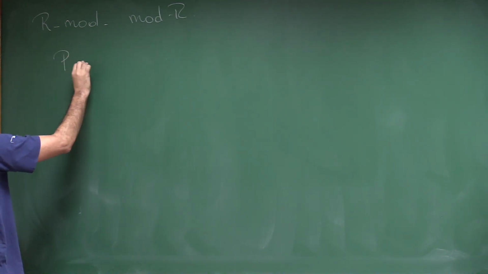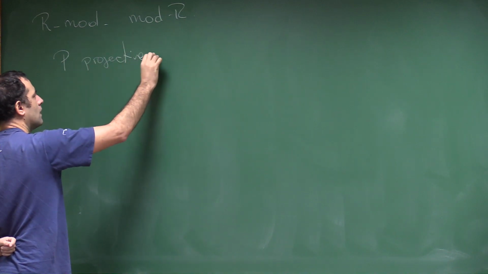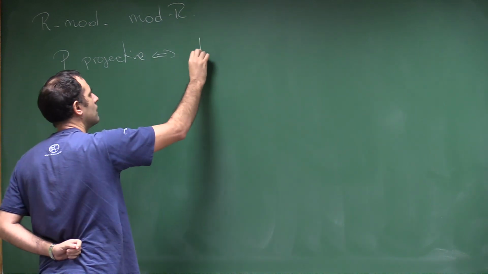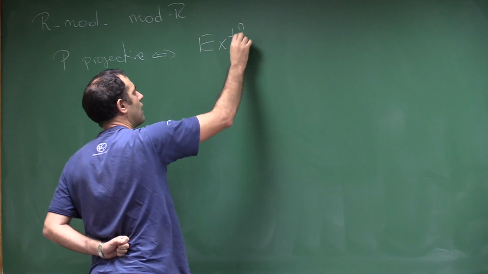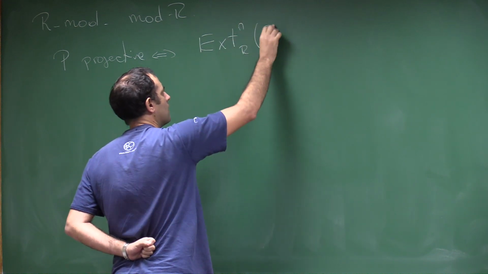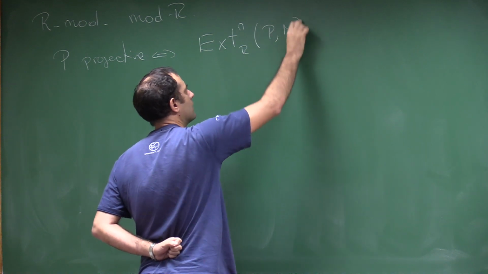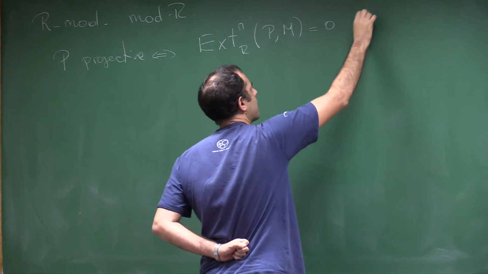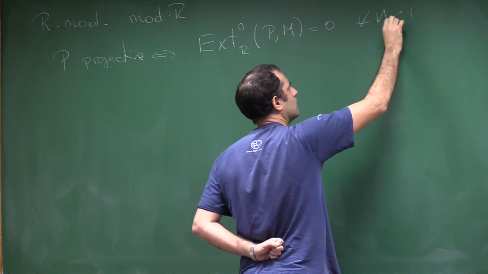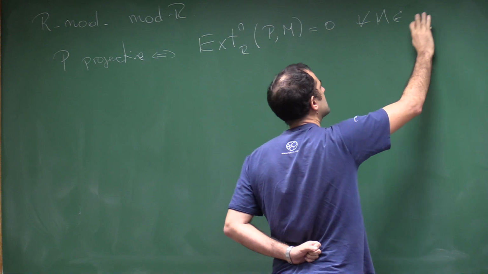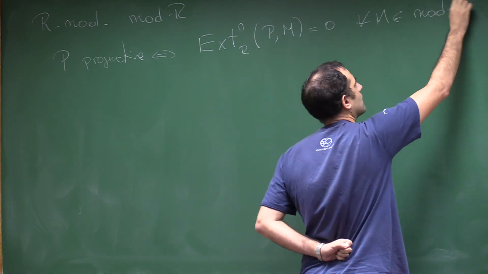P is projective if and only if Ext^n_R(P, M) is 0 for every module M. I guess let's stick to right modules, and then everything is the same for left modules.